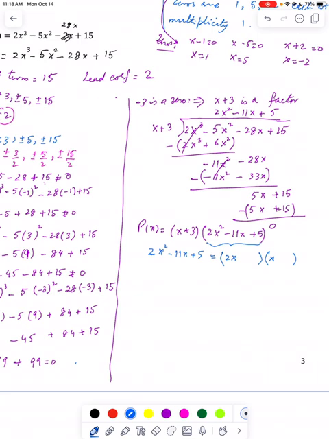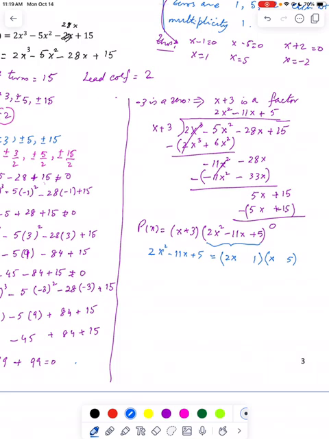So because the last term is 5, in one place we have to have 5, and in another place we have to have 1. So probably 5 will go here and 1 will go here, because then you will get the 11x, because 2x times 5 will be 10x, and 1 times x will be x, so 10x plus 1x, 11x. And since we want a negative sign, both have negative signs.